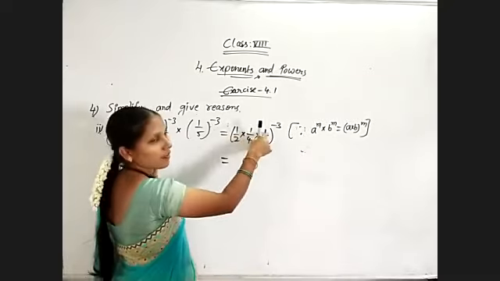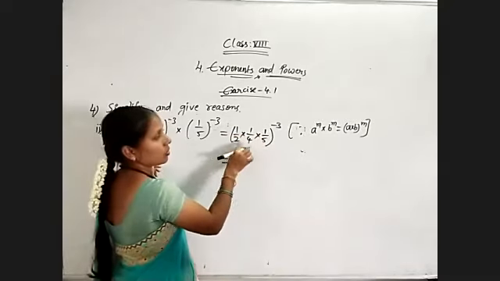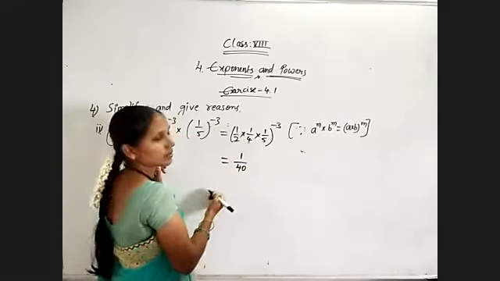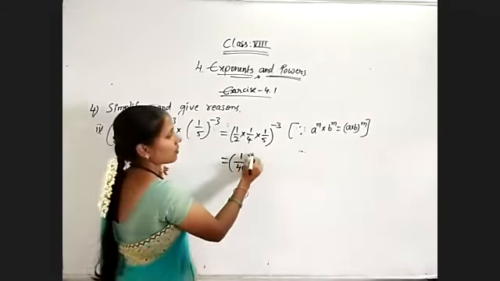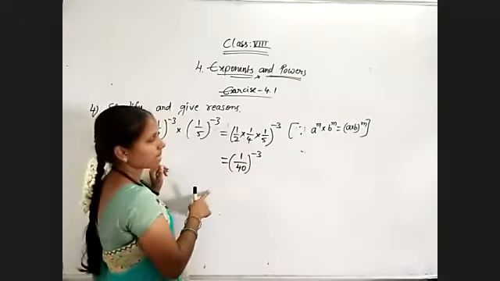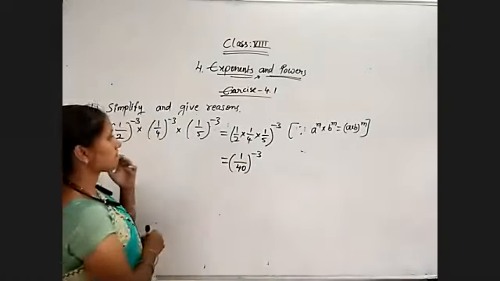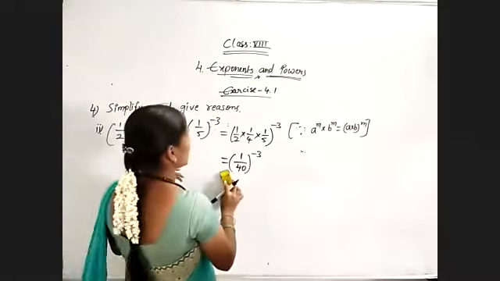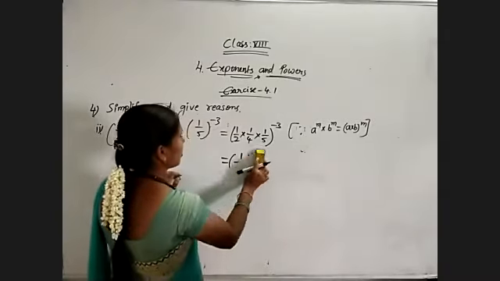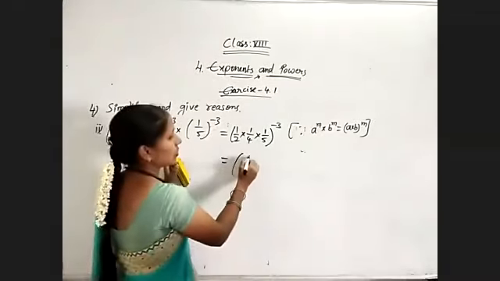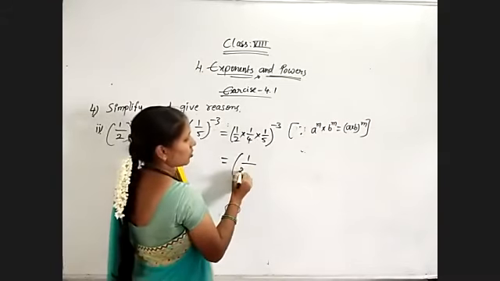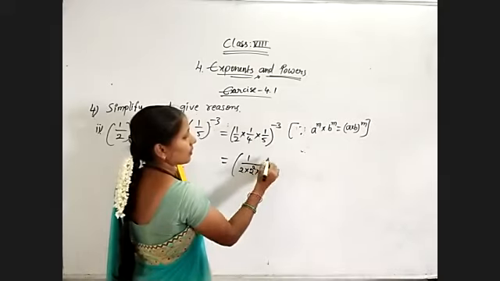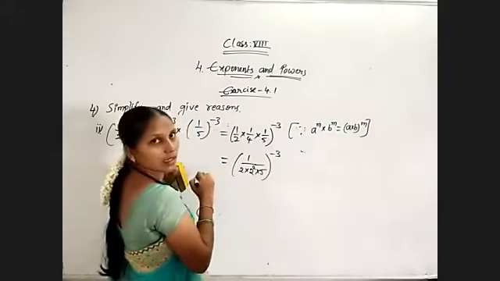1 by 2 into 4 into 8 into 5 is 40, whole to the power of minus 3. 1 by 2 into 4 we can write as 2 square into 5 whole power minus 3.